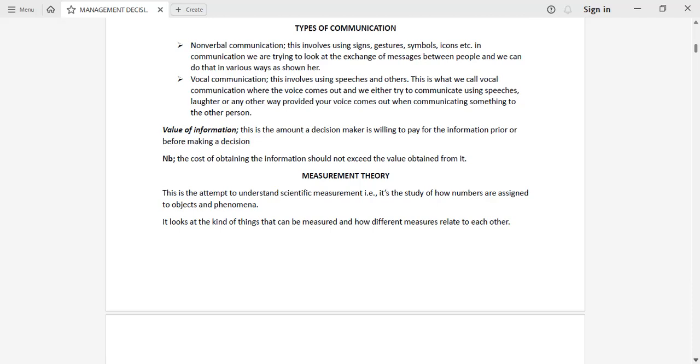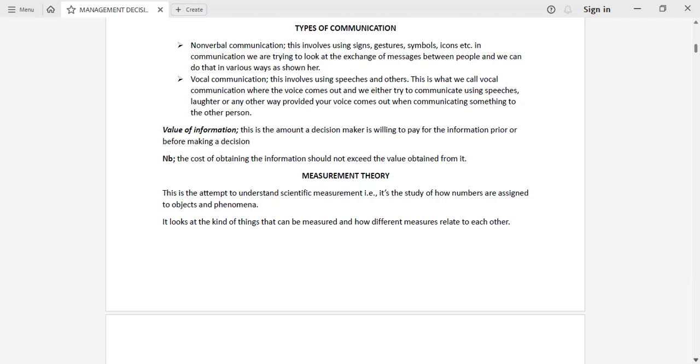If we are saying one kilogram is equivalent to 1,000 grams, it means there is a relationship between grams and kilograms. And that's why we are able to relate the two items.